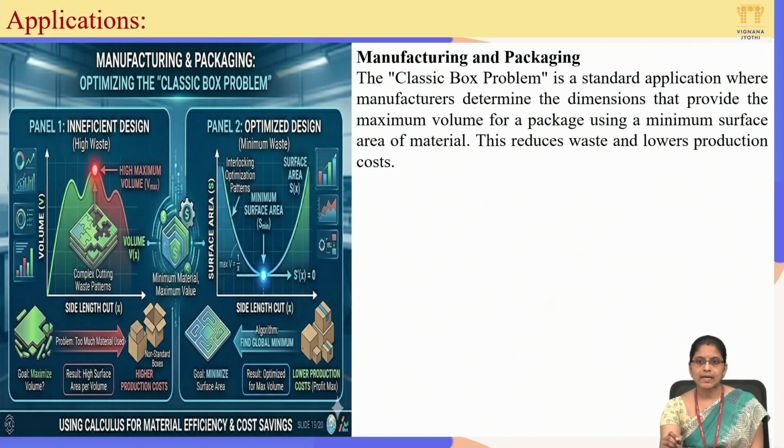So in this classical box problem, the manufacturer determines the dimensions that provide the maximum volume for a package using a minimum surface area of the material. So that means it reduces the waste and lowers production cost.